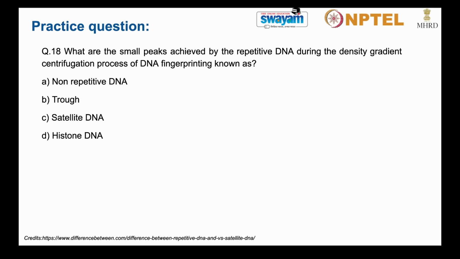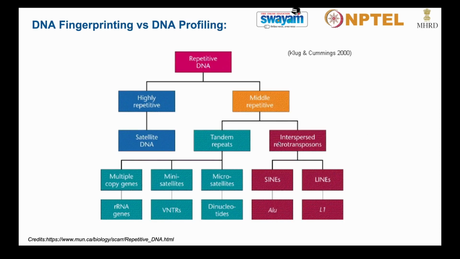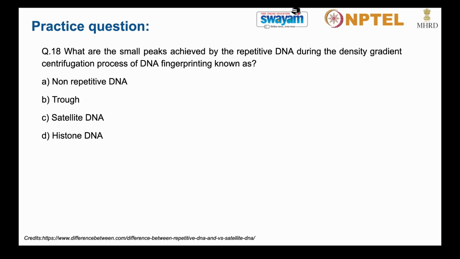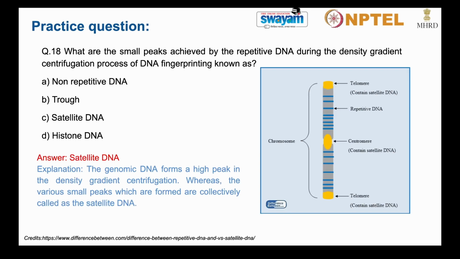So now we are left with only option C, that is satellite DNA. I have told you that when we talk about repetitive DNA, these are highly repetitive and these are satellite DNAs. And for your information, satellite DNAs are very small in sequence size. So hence you will look for the small peaks of these satellite DNAs.